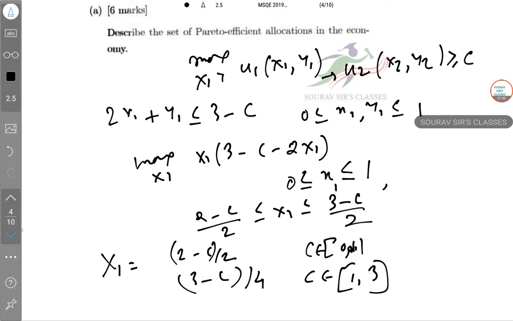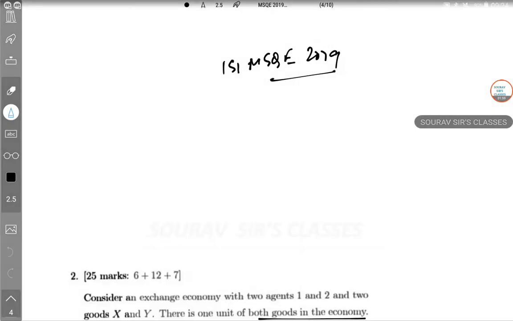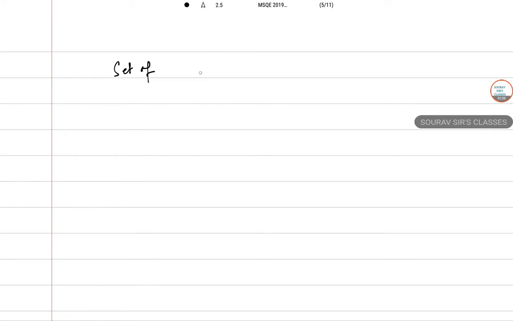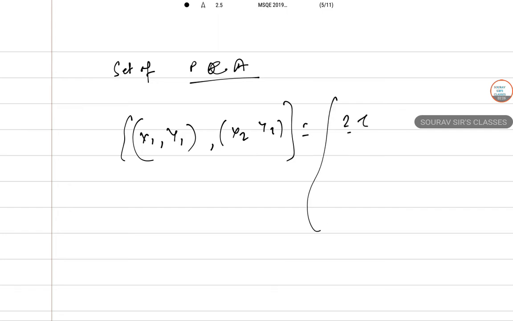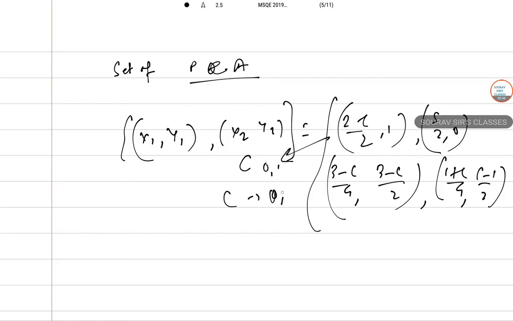So the set of Pareto efficient allocations, parametrized by c, is as follows: x1, y1, x2, y2 is (2 minus c) by 2, 1, and c by 2, 0, when c lies between 0 and 1; and (3 minus c) by 4, (3 minus c) by 2, and (1 plus c) by 4, (c minus 1) by 2, when c lies between 1 and 3.